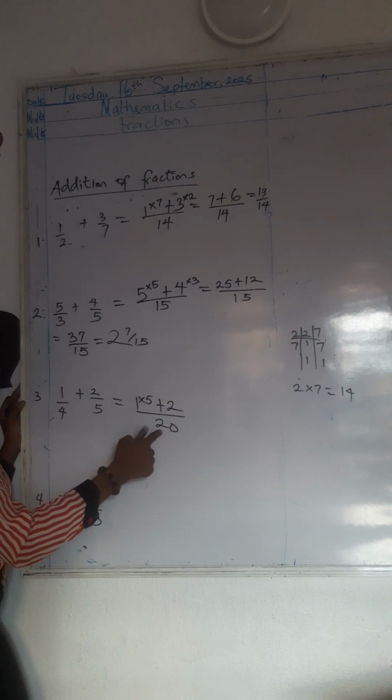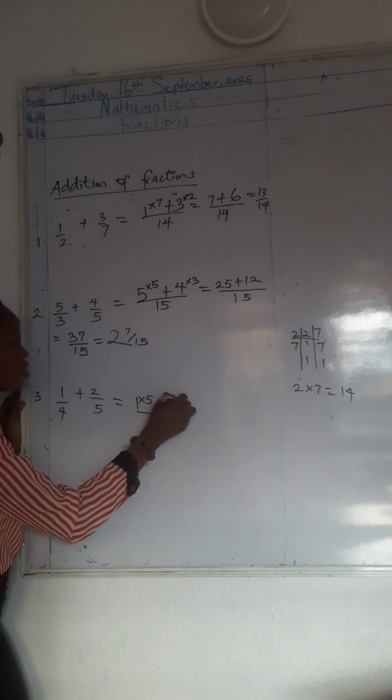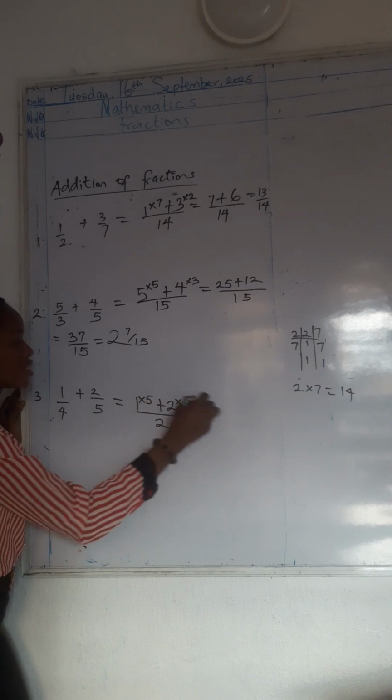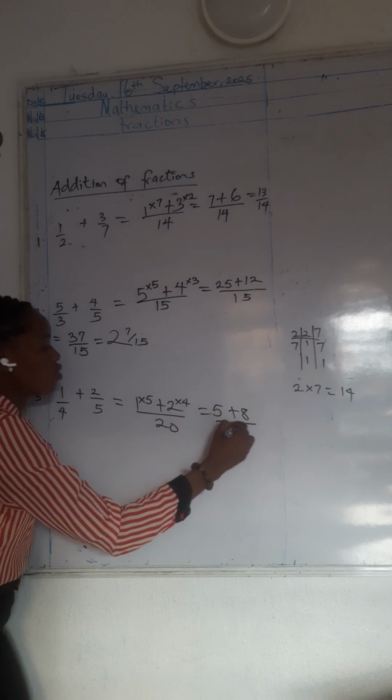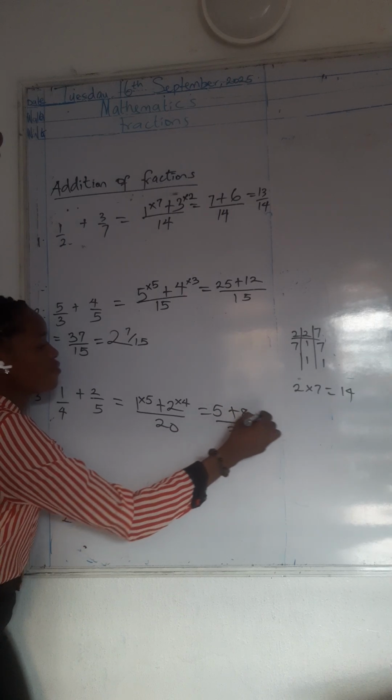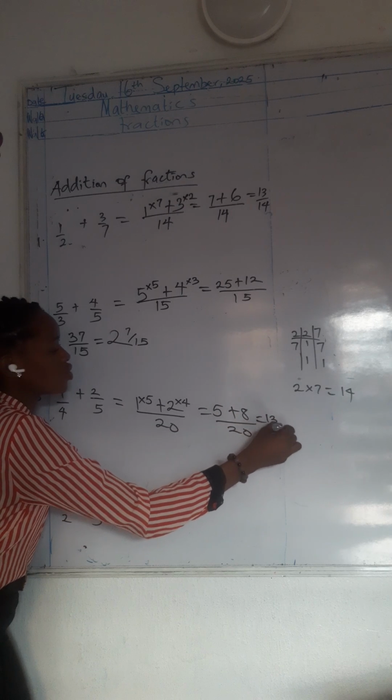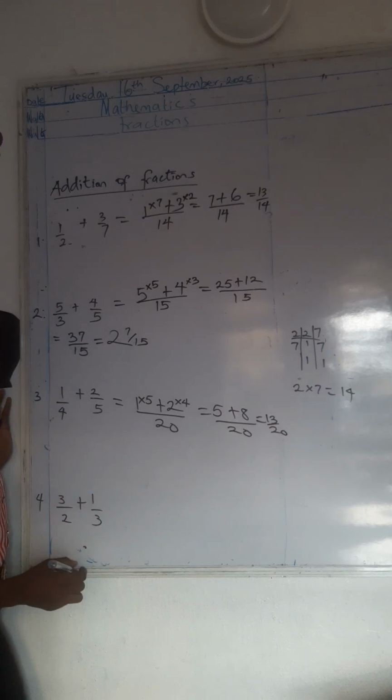How many 5 can we say in 20? That is 4. Yes. 1 times 5 is 5, plus 2 times 4 is 8, over 20. 5 plus 8 is 13 over 20. And there is nothing that can divide.